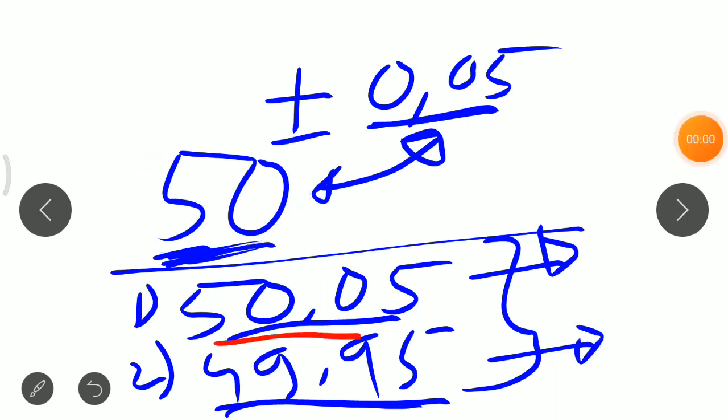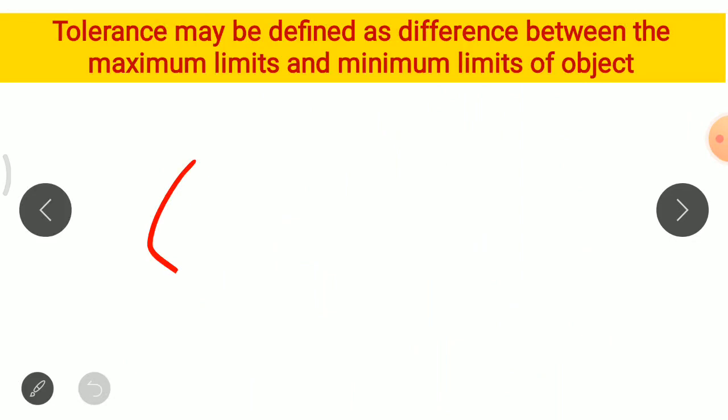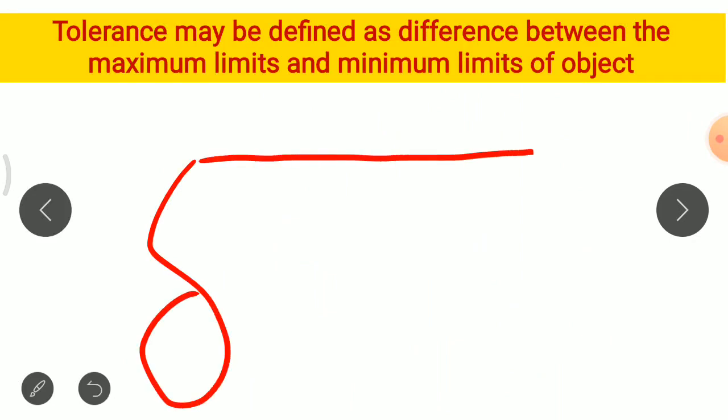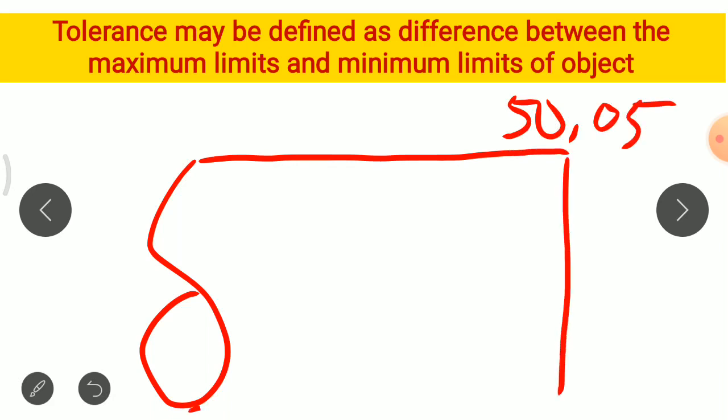Now we will plot both values that we have after calculation in our first diagram. Here we have the diagram, and the first value is 50.05. I will write here 50.05. This is the maximum limit or the maximum allowable value that we can manufacture.